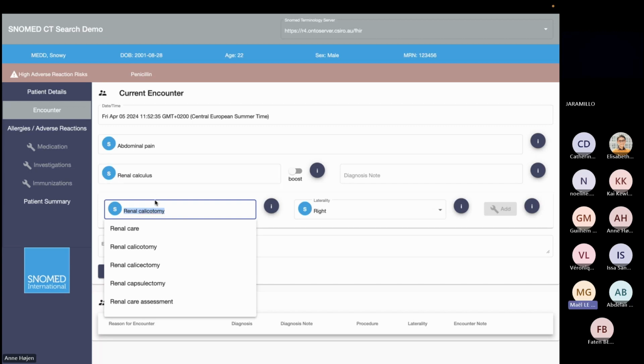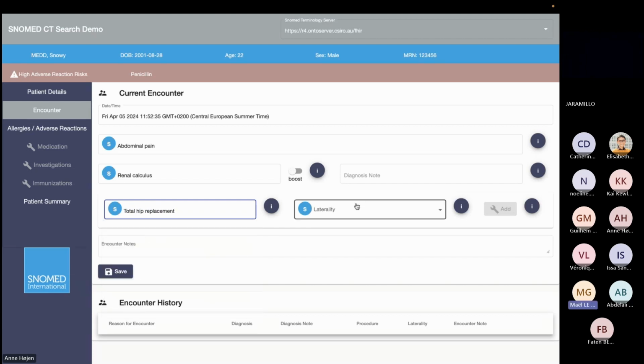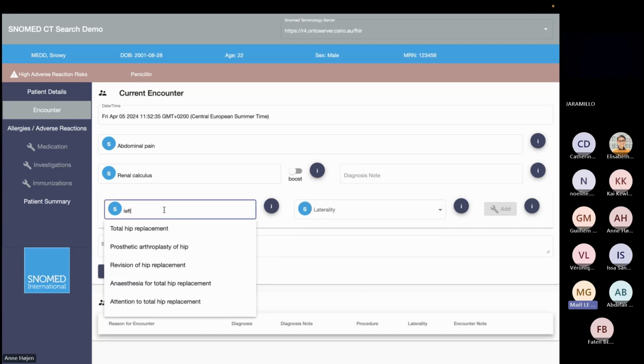If we instead had chosen, for example, let's not consider the renal situation, but if there was something with the hip and we want to do a hip replacement. So we could do a total replacement of hip. The same would occur. We can still select because we have either the left hip structure or the right hip structure. Some concepts in SNOMED CT have already been defined. And here you can see the left nephrectomy.